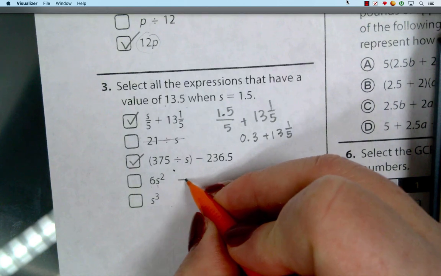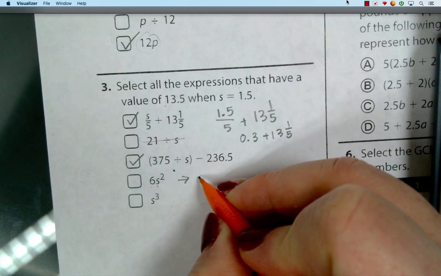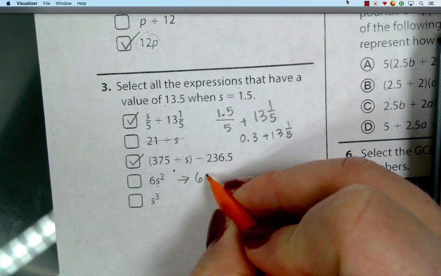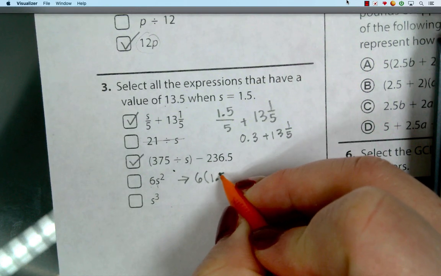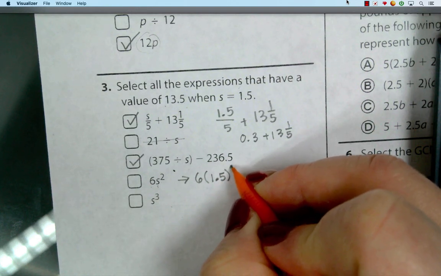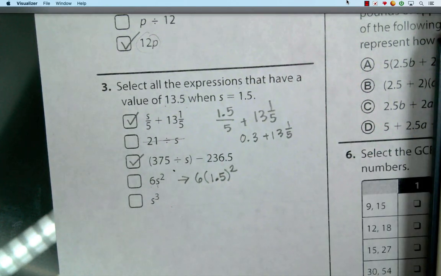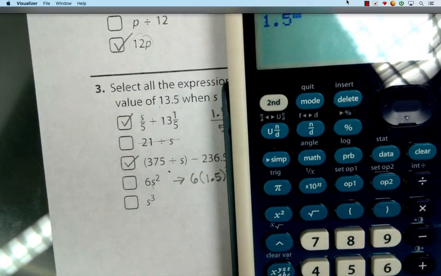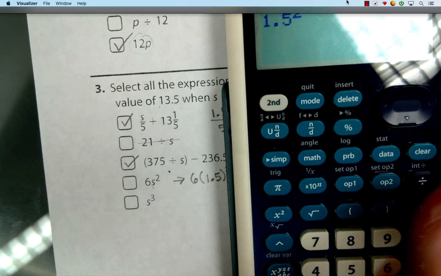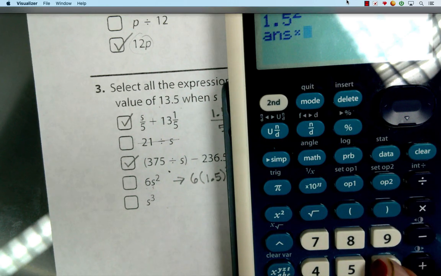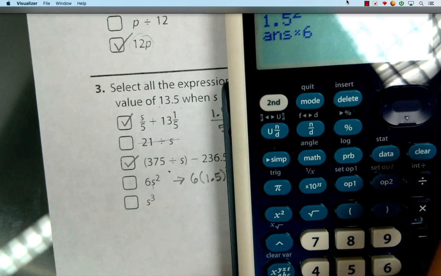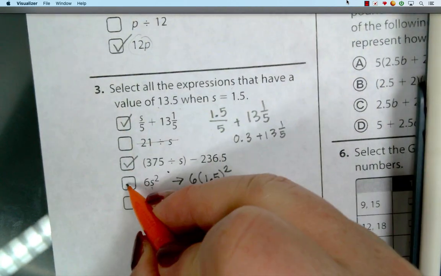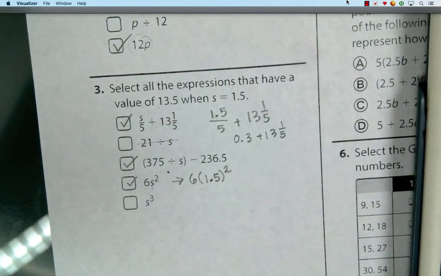So I'm going to do 6 times 1.5 squared. And I get 2.25, and then I'm going to multiply that by 6, and I get 13 and 5/10. So we got 3 there.